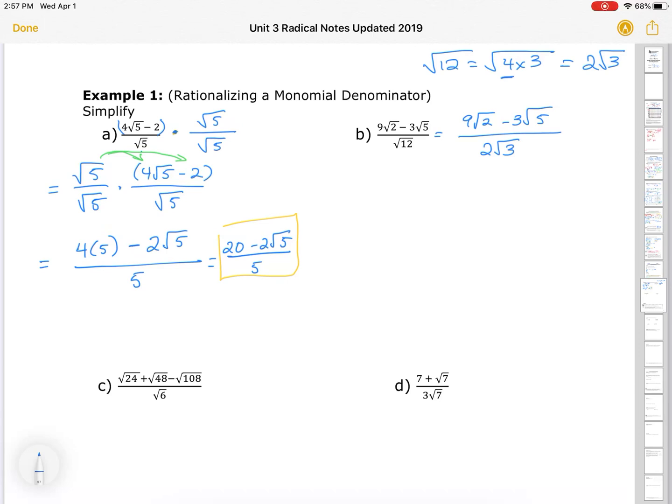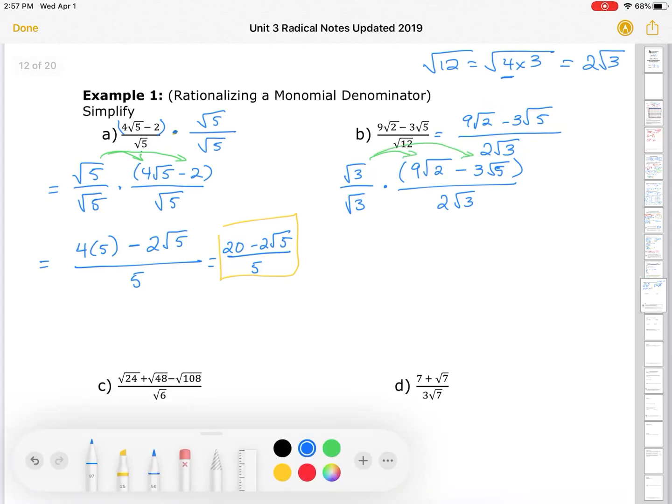So that means that we want to multiply the top and the bottom by root 3. So if I have root 3 over root 3 times, and again, watch the top, we want to put it in brackets so that we remember to distribute, all over 2 root 3. I multiply through, distributing to the top.